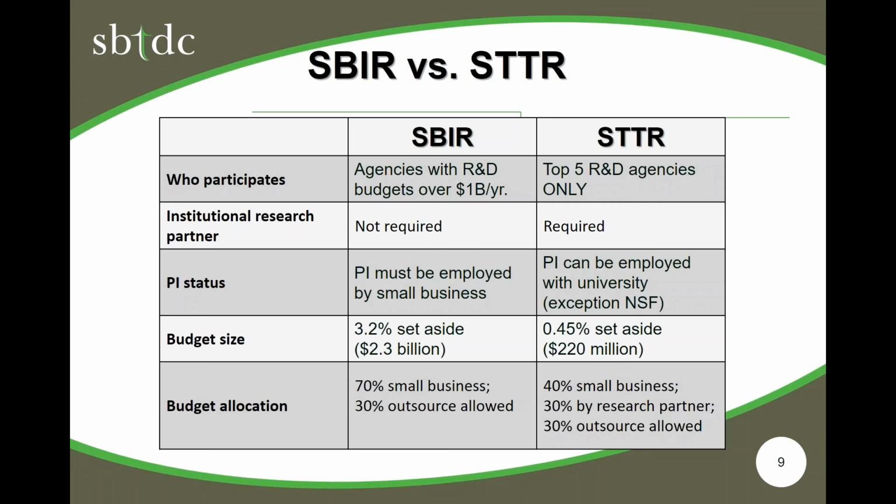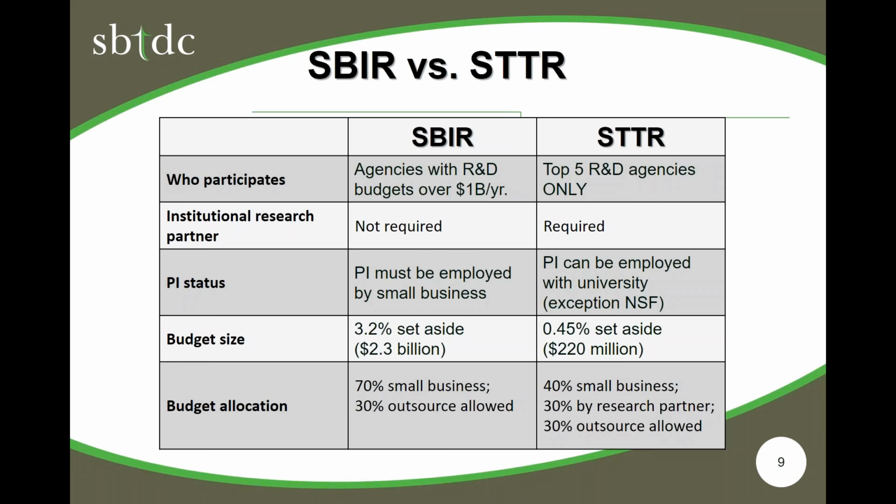Who participates? Agencies that have over $1 billion a year in extramural R&D funding are required to participate in SBIR. There are 11 agencies that fit that criteria. Only 5 in STTR. And in our next slide, we'll discuss which agencies actually participate.